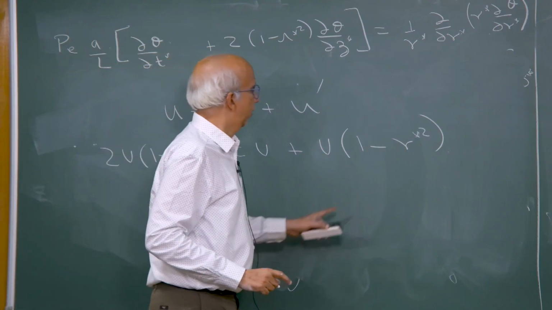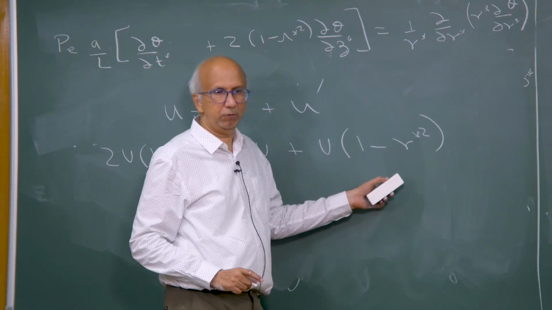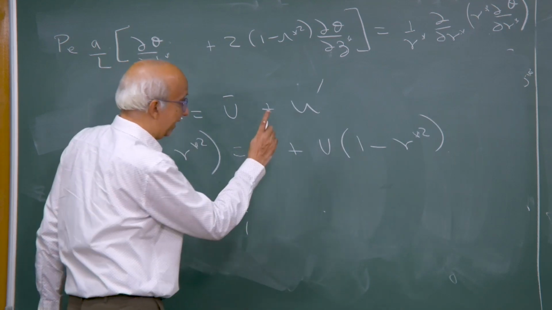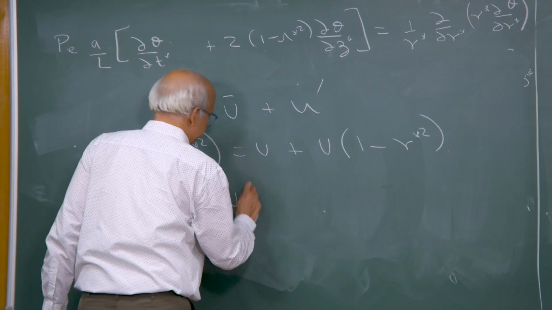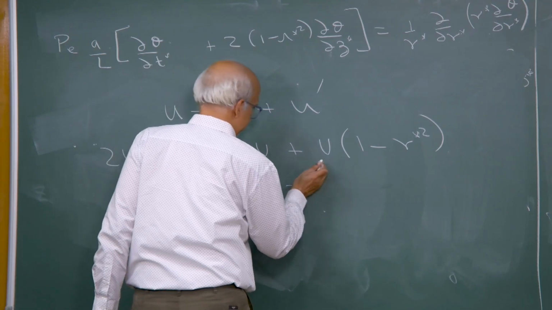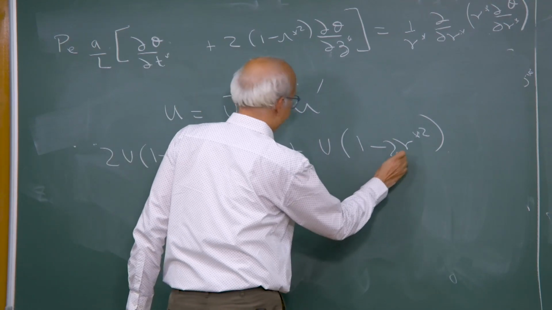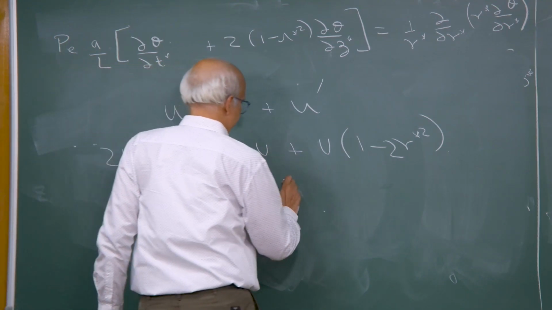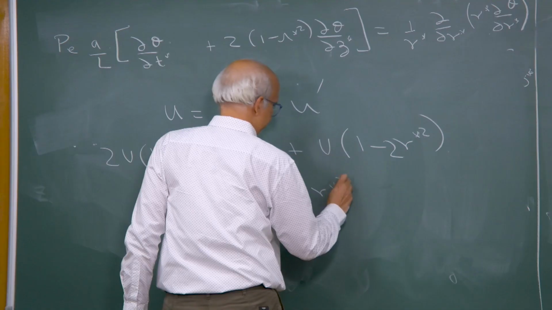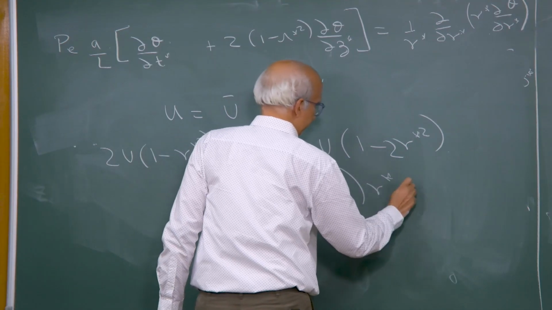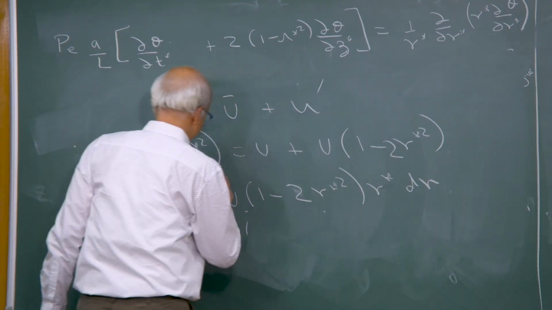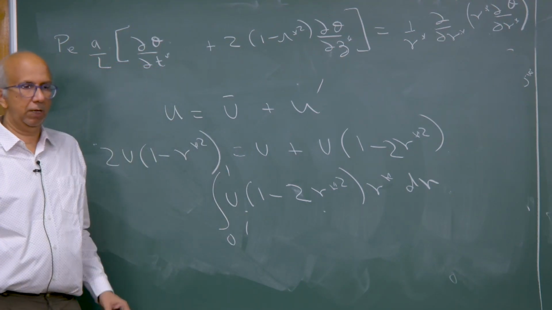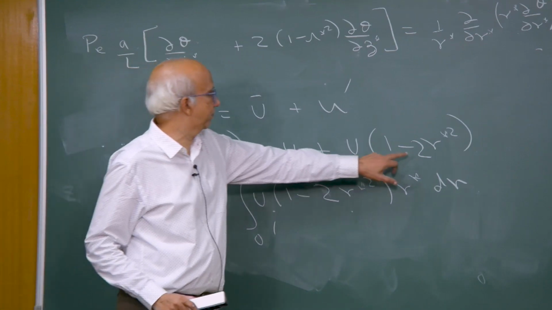Okay. If I want to find the average of this, what should I do? I should multiply it by 2 pi r dr and integrate it. So, u times 1 minus, there is a 2 here, okay. This 2 is coming here. So, I am trying to find the average of this deviation.